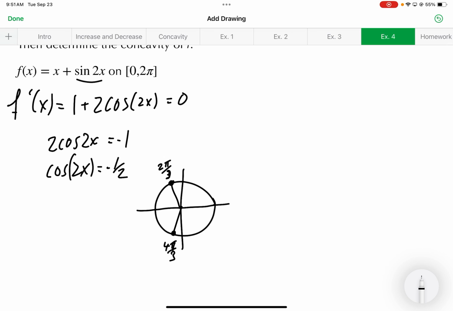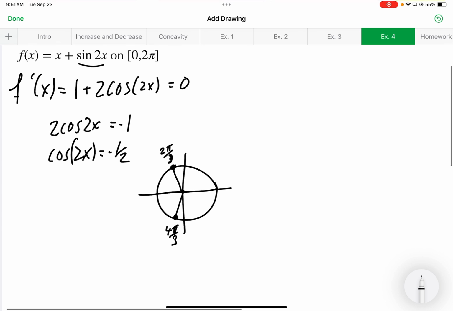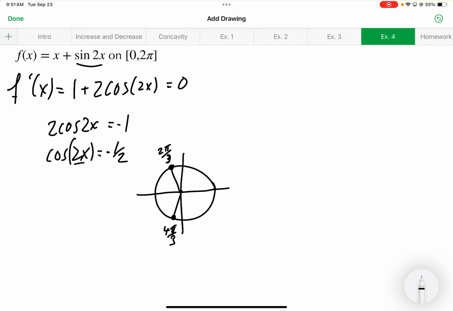Now, instead of saying x equals 2 pi over 3 and x equals 4 pi over 3, I have 2x inside of my trig function. So I would do 2x equals 2 pi over 3 and 2x equals 4 pi over 3.